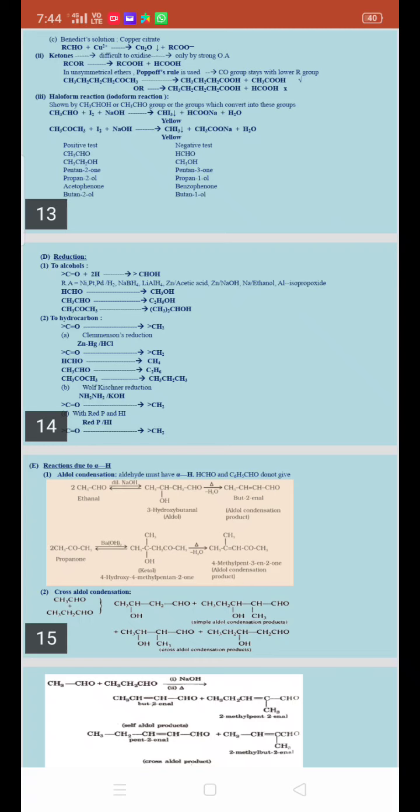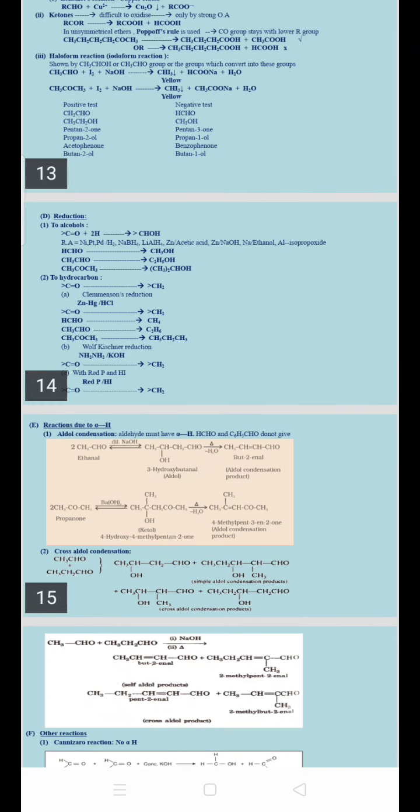Reaction. Your aldehydes and ketones will be reduced to primary alcohol and secondary alcohol by means of sodium borohydride and lithium aluminium hydride. This is called catalytic hydrogenation, which we have seen in class 12 unit 11.